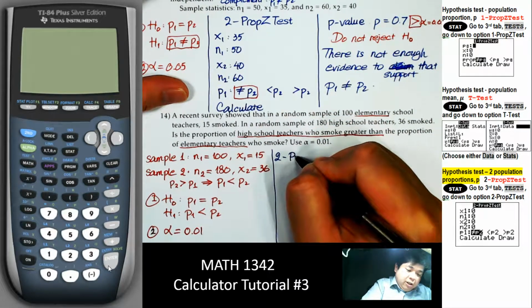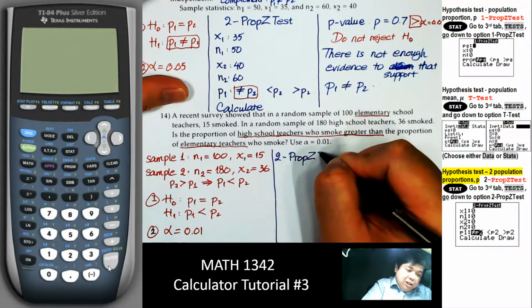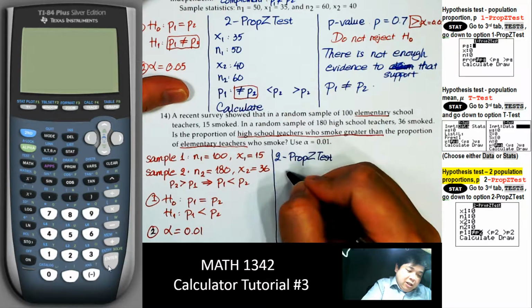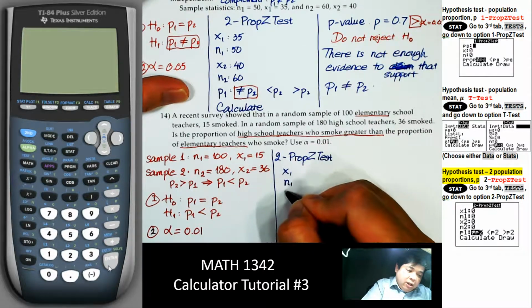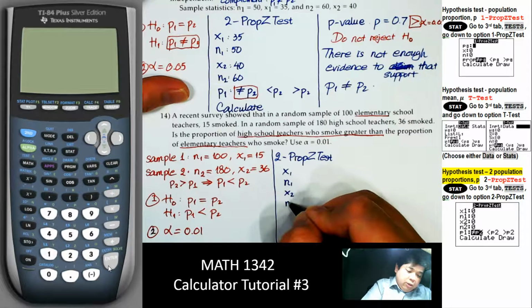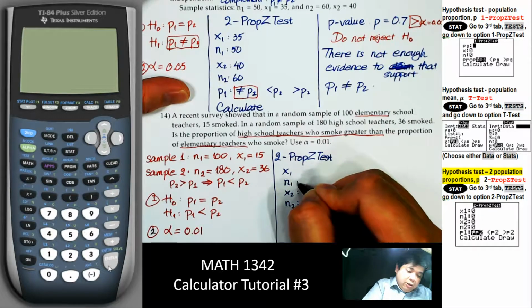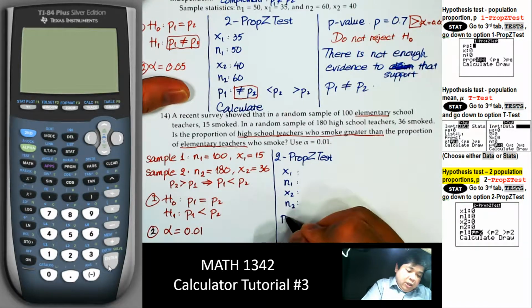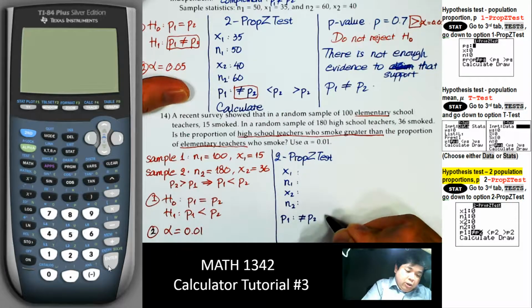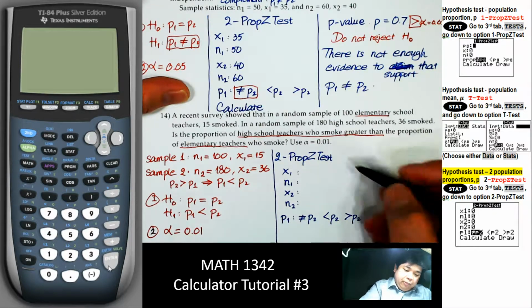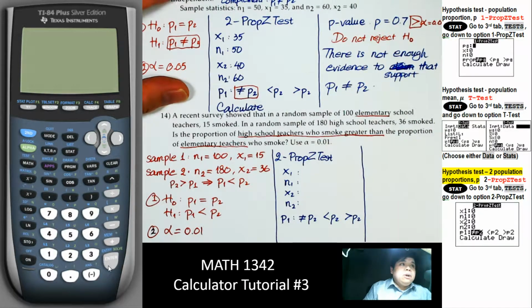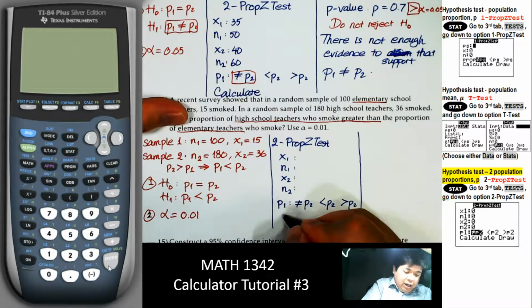The two-proportion z test: x1, n1, x2, n2, then p1 not equal to p2, less than p2, or greater than p2, and then calculate.